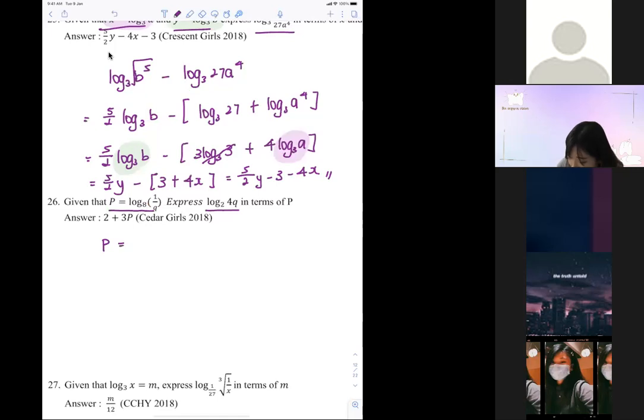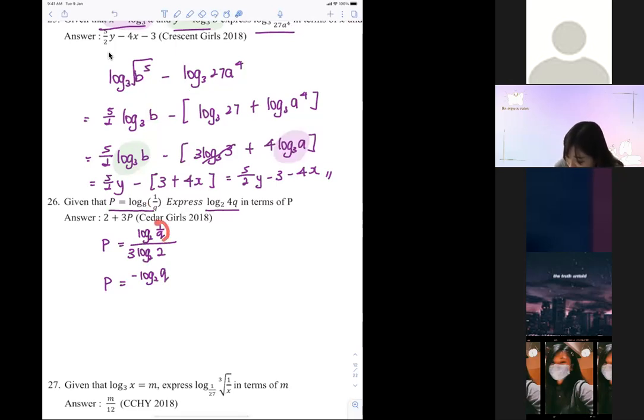So P, okay, log 8 means log 2 over log 2. Top number 1 over Q go on top. Bottom number 8 go below. 8 is 2 cubed. So if we see here, P is equal to log 2. Now 1 over Q you don't like, right? You can change it to Q to the power of minus 1.